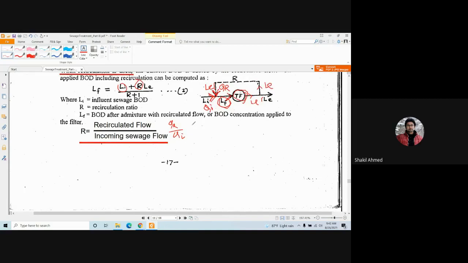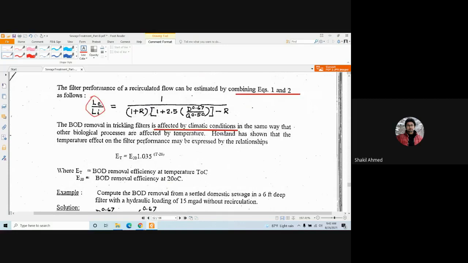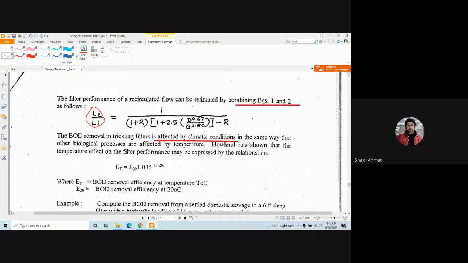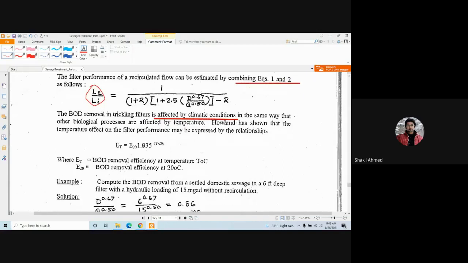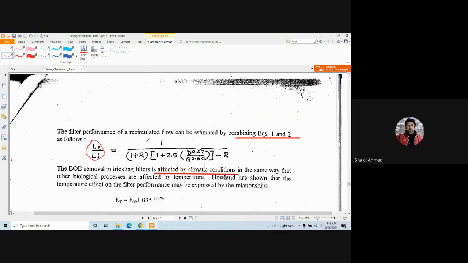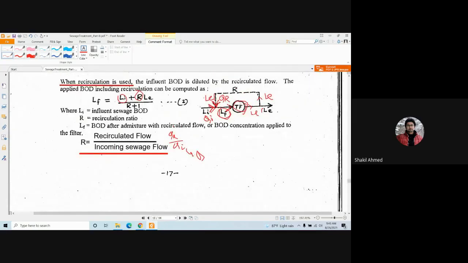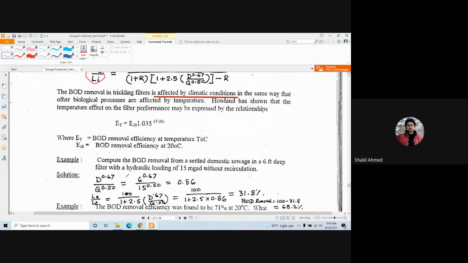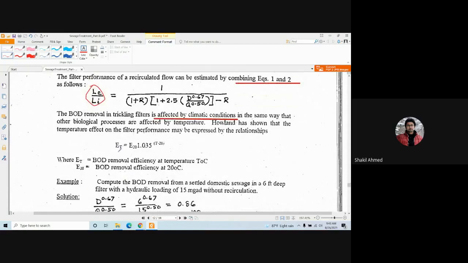QI is actually Q. The removal efficiency also changes with the temperature, like K. This is the formula.